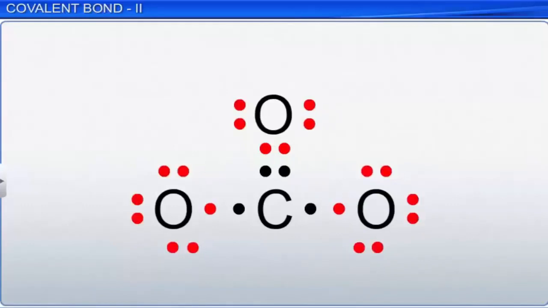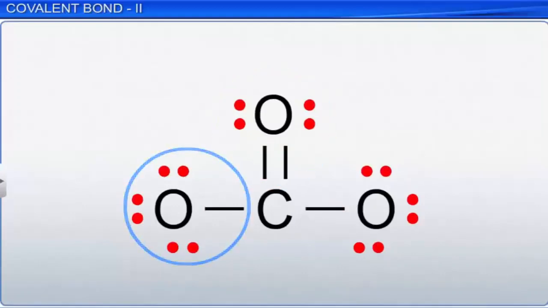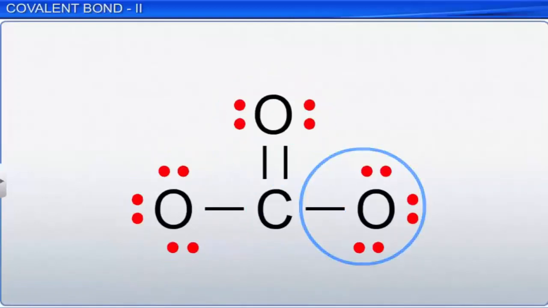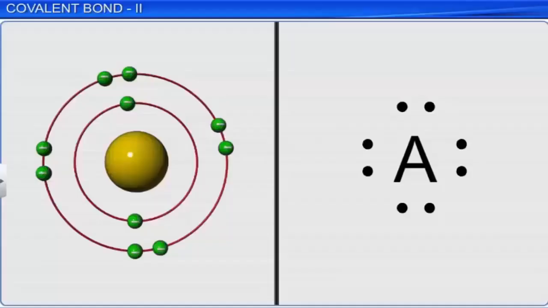We will replace each pair of bonded electrons with a line. Notice that the total number of valence electrons becomes 8 for each atom. With the sharing of valence electrons for the full octet in each atom, the Lewis structure involves the octet rule.